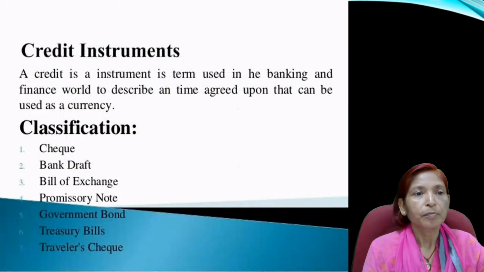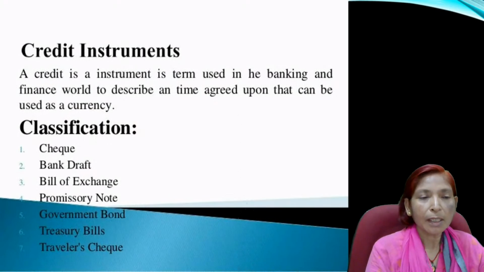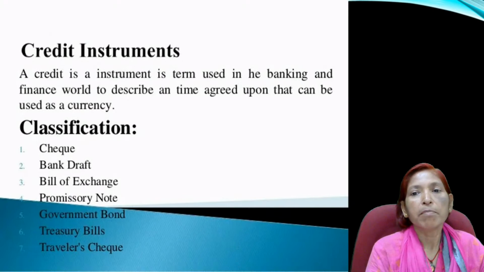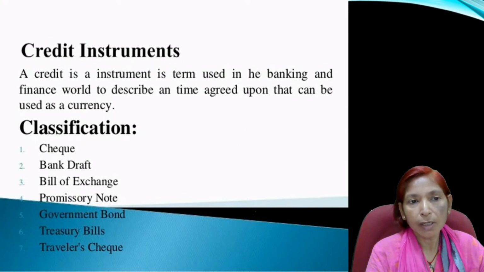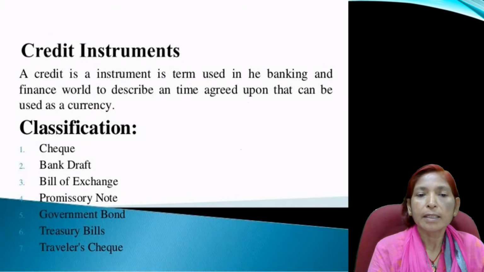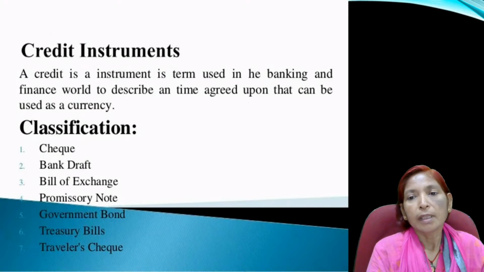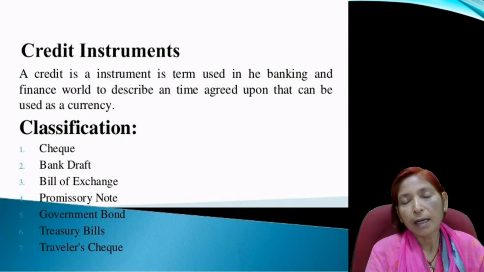Now next is credit instruments. What are the credit instruments? Credit instruments is the term used in the banking and financial world to describe written promises or agreements that can be used as a currency.